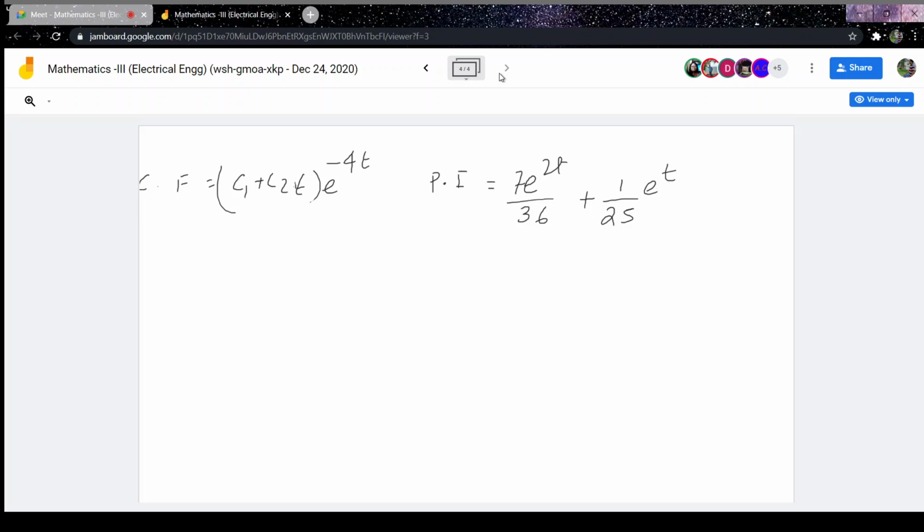Y will be the CF plus this. And then you will put this value of Y in the equation, so you will get your X here. So you will differentiate and tell me the result. It will be in terms of this only.